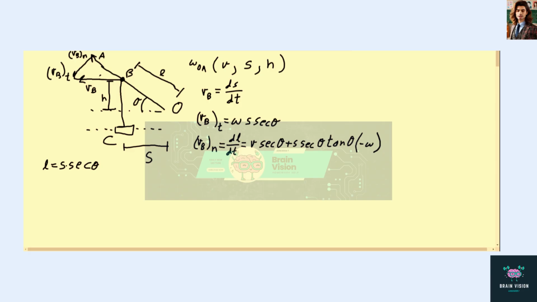So the next step then, we can calculate the total velocity by first looking at the Pythagorean theorem that we know that the tangential component squared, VBT squared, plus VBN squared has to equal VB squared.